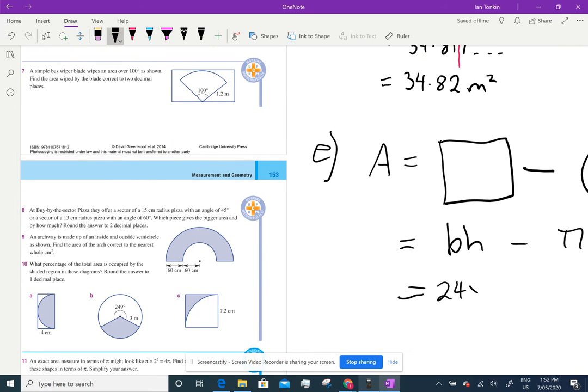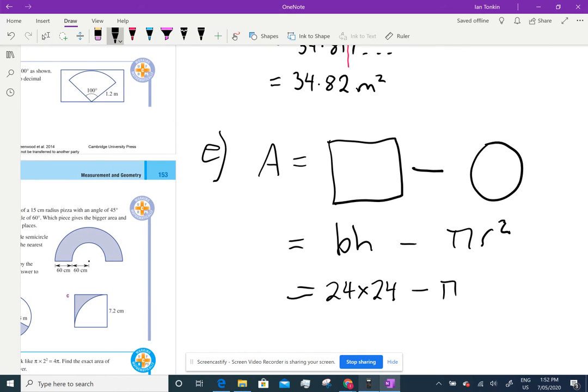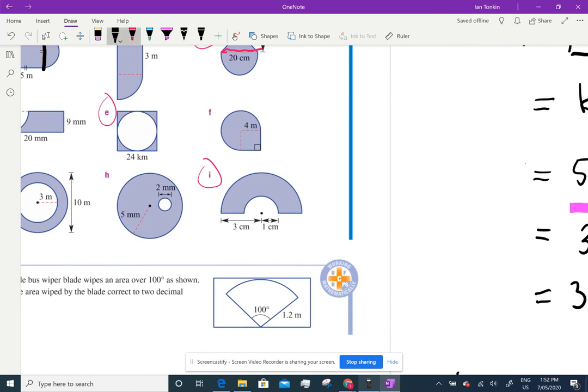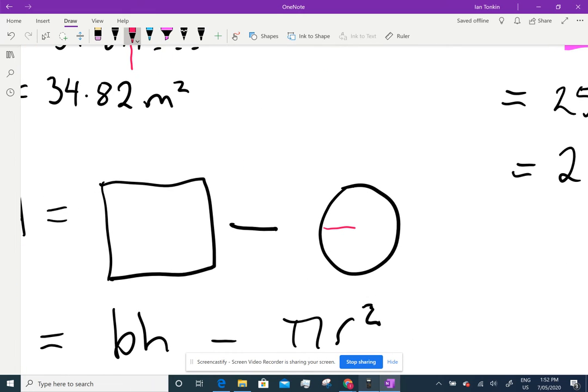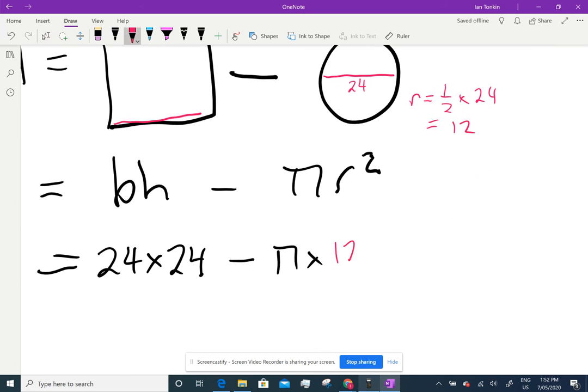So 24 times 24 minus pi times, well, the radius. Oh, sorry, the diameter is 24. But I need the radius. So the radius is a half times 24, which equals 12. So pi times 12 squared.